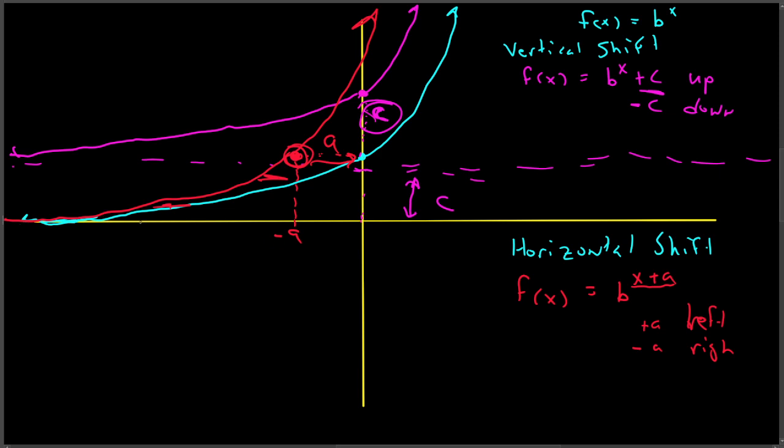And then the other thing we can do is we can stretch or shrink it. And I'll use my last color here. So a stretch or shrinking of the graph. And that's if I have f of x equals, let's see, I have a, b, and c, so I guess I'll put a big D in front of it, D times b to the x. I'm going to multiply it by some number. And what that does is that multiplies this by a number.